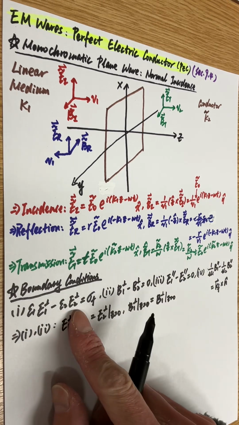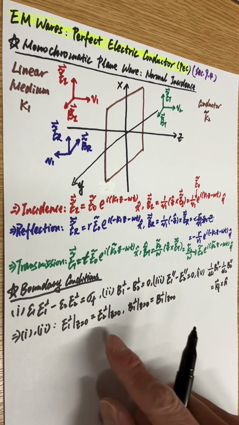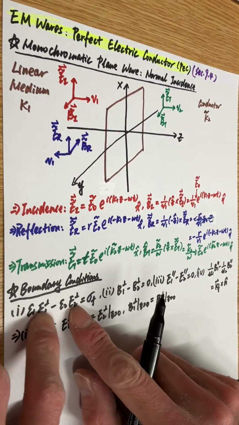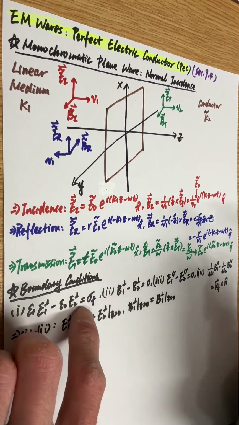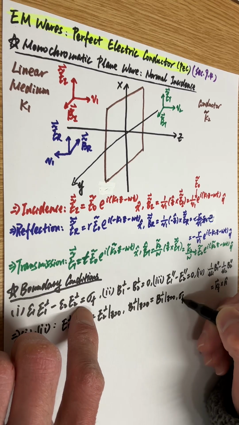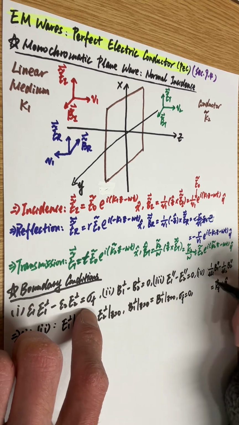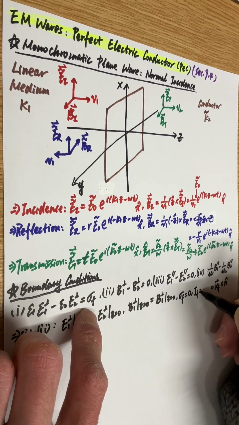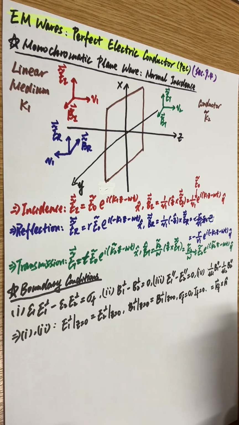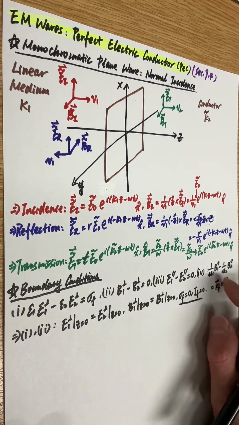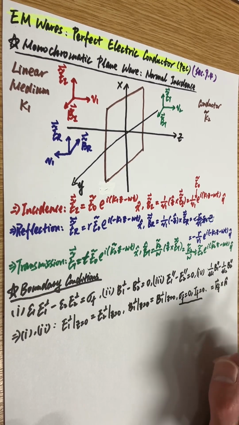And this also means the E field normal components are all 0. So these two are all 0. This also means that the free charge density is 0. There's no free charge density, so there will be no free current as well. So these two are going to be useful later for the other boundary conditions.